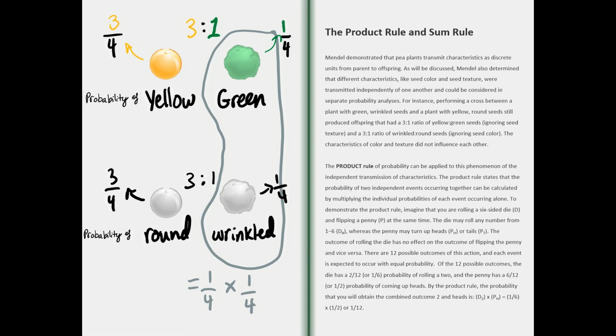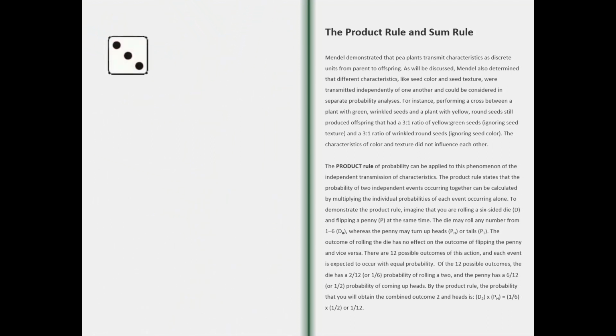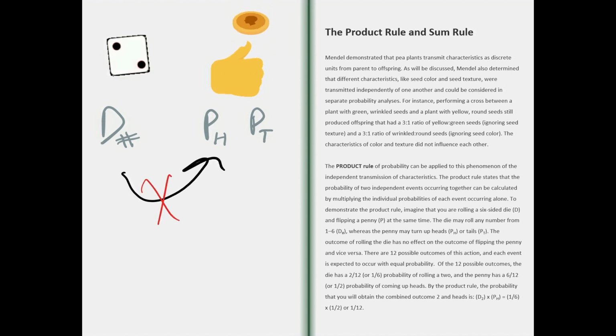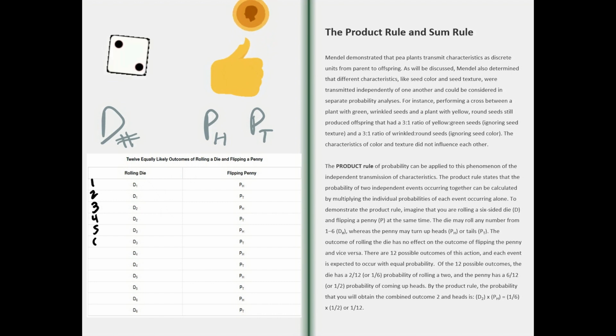To demonstrate the product rule, imagine that you are rolling a 6-sided die and flipping a penny at the same time. The die may roll any number from 1 to 6, whereas the penny may turn up heads or tails. The outcome of rolling the die has no effect on the outcome of flipping the penny and vice versa. There are 12 possible outcomes of this action, and each event is expected to occur with equal probability.